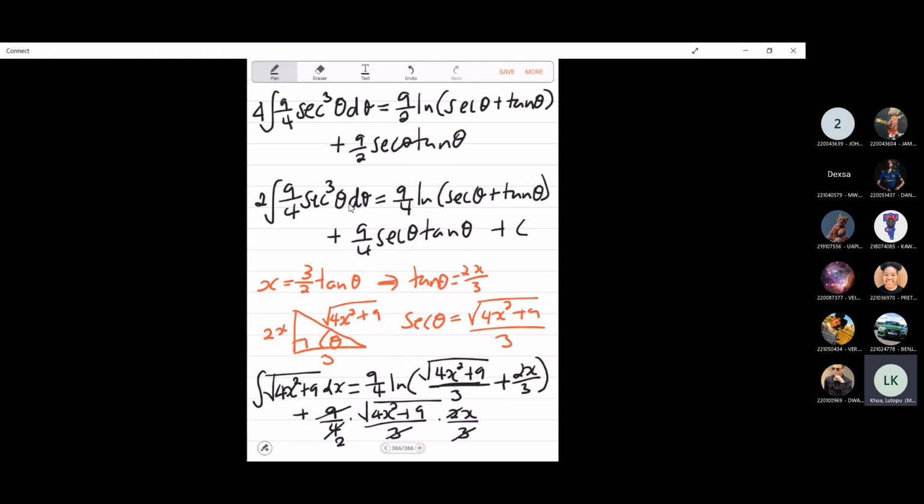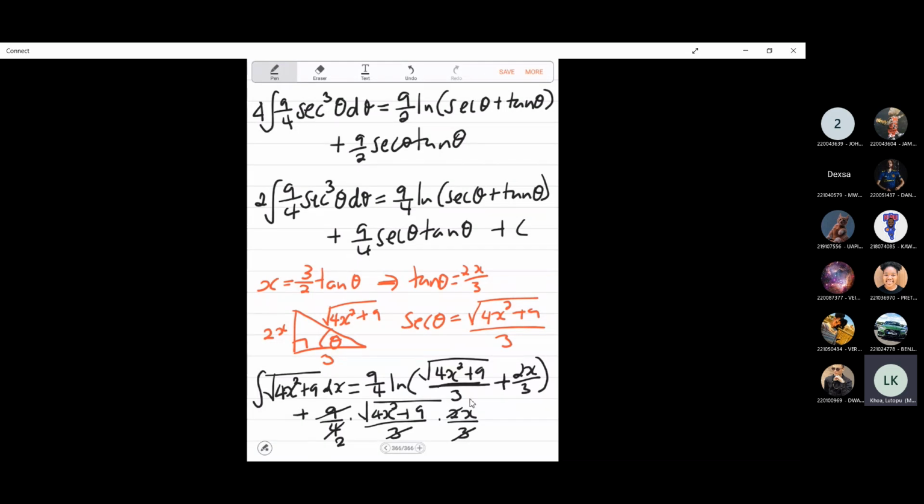So I have x over 2, the square root of 4x² plus 9. And then here I have 9 over 4 ln of that.